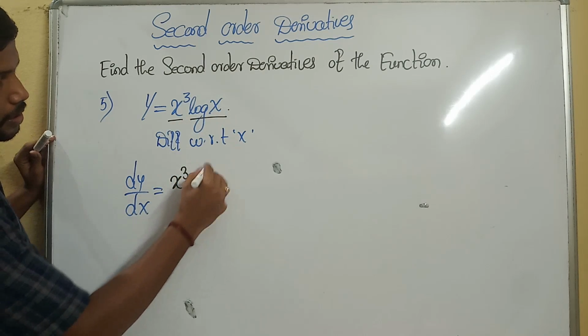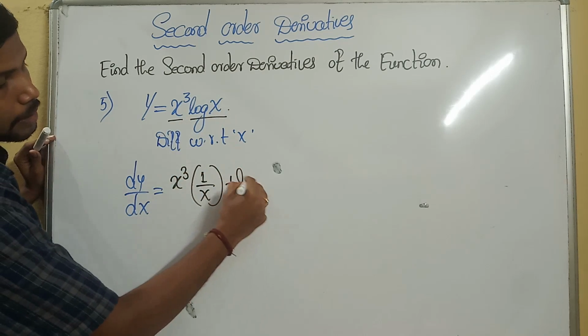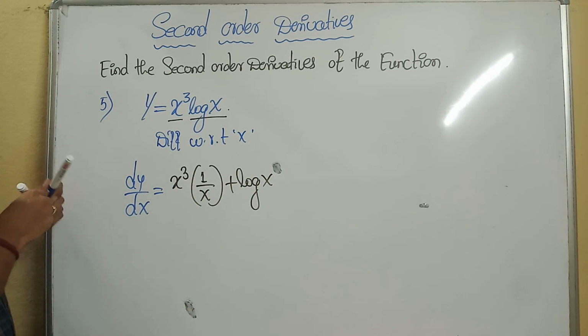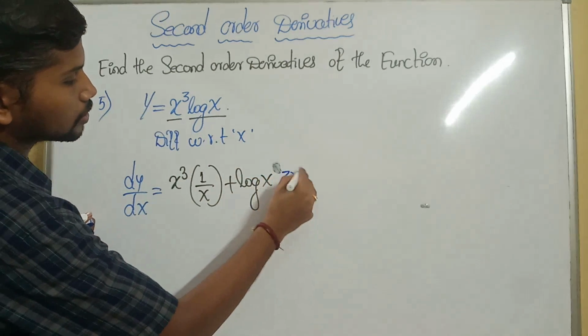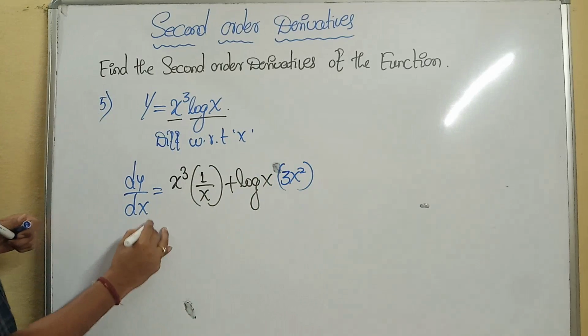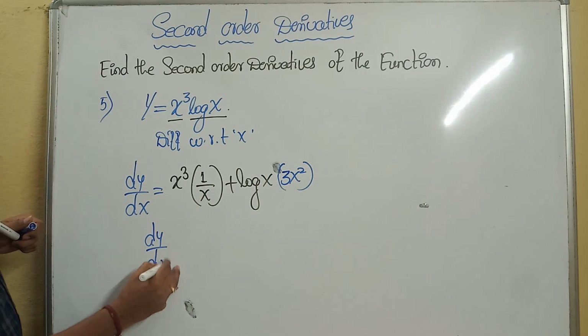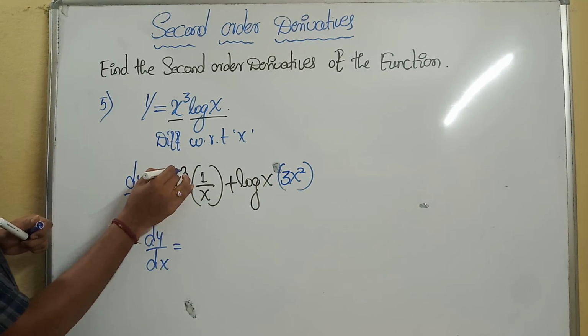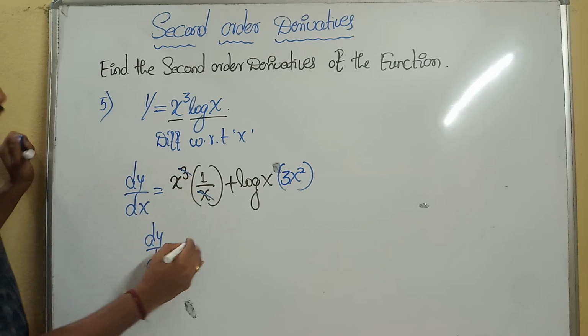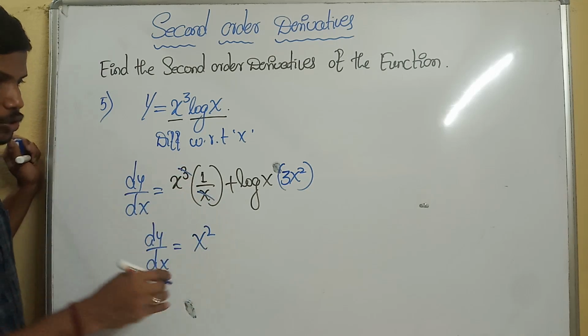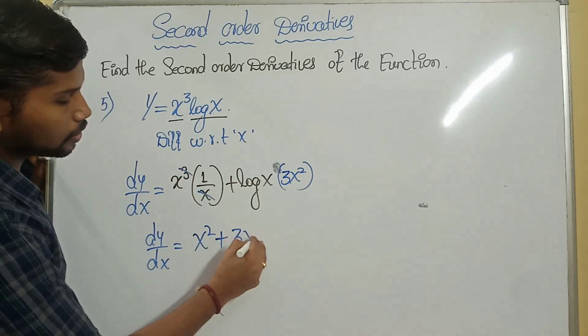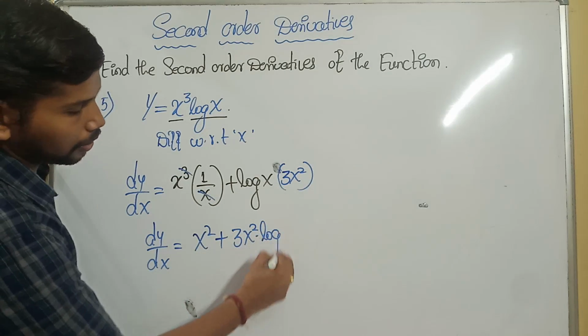It is 1 by x, plus log x as it is, what is the derivative of x cube? It is 3x square. For dy by dx, I'd like to write one more simplified step. In x cube times 1 by x, one of the x will be cancelled. The leftover terms are x square plus 3x square into log x.